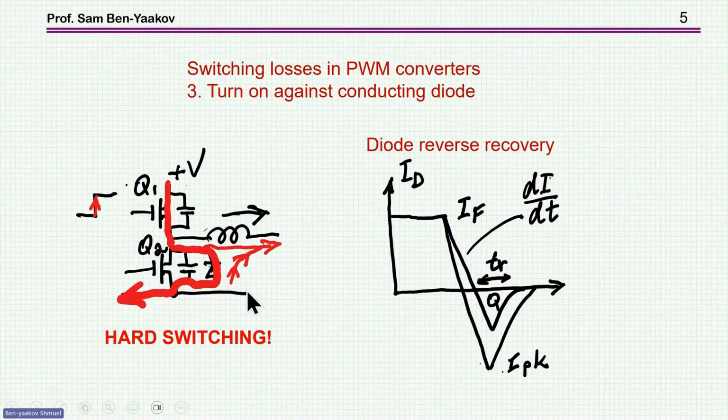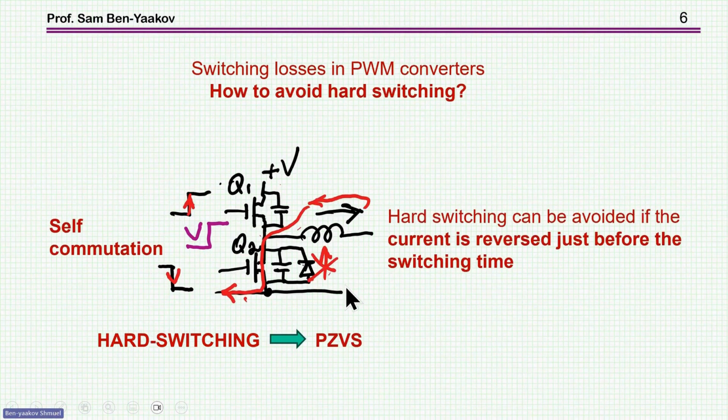And this was the phase shift full bridge is trying, not trying, but is avoiding, okay, this situation. Now, how can you avoid this situation? You can avoid it by this trick of changing the direction of the current just before this switching state we are talking about.